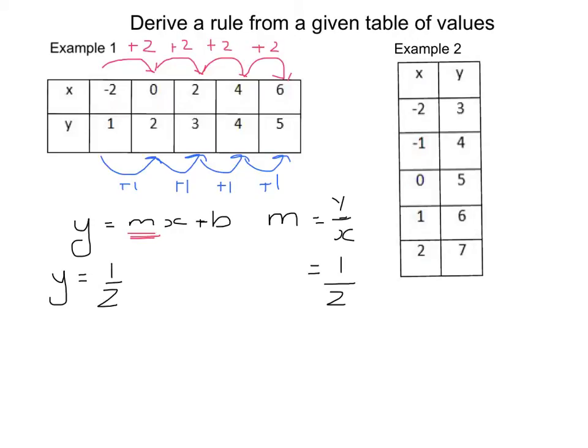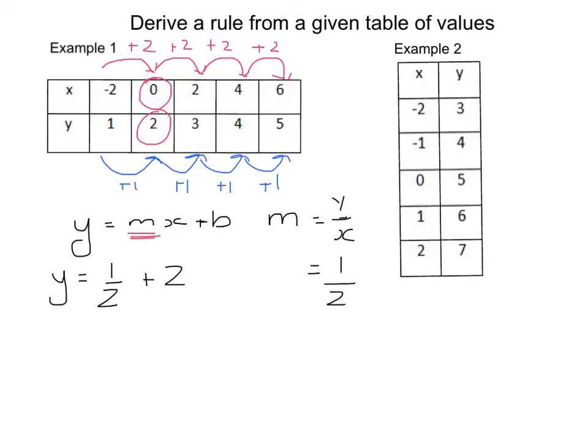Then I need to work out my b. All we need to do is look at our table of values and find where x equals 0. You can see that x equals 0 here, and its value is a 2. So all I have to do is add a 2 to the end.